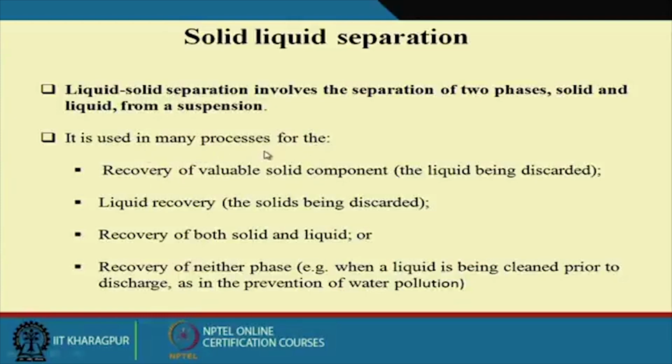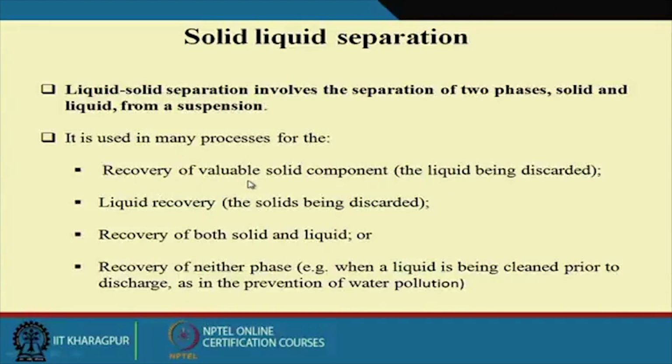The solid may be of different forms: chemicals, organics, and so on. It is used in many processes for the recovery of valuable solid components, with the liquid being discarded, or the liquid recovered and the solid being discarded. I can give typical examples.